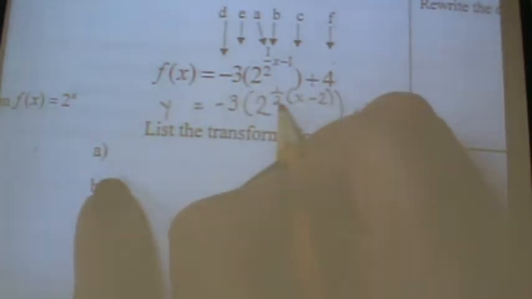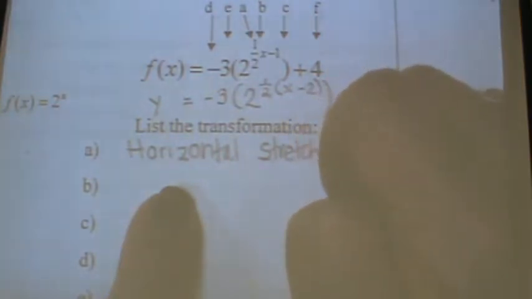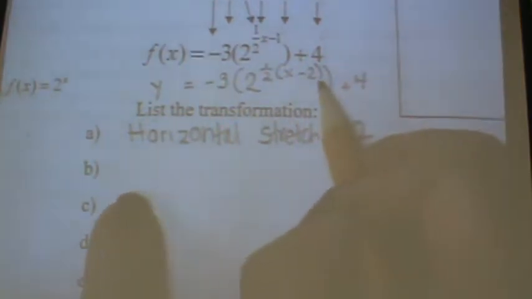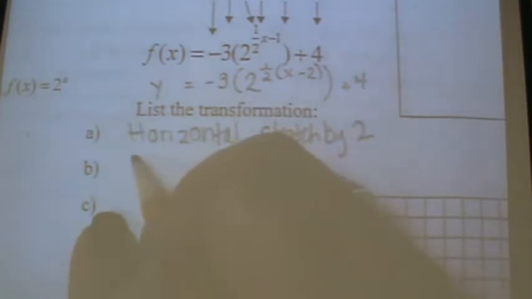So here's your transformations. Start with this. We're going to say horizontal, what? Stretch by 2. Horizontal stretch by 2. Then what? Next one. Shift the graph to the right, 2 right.